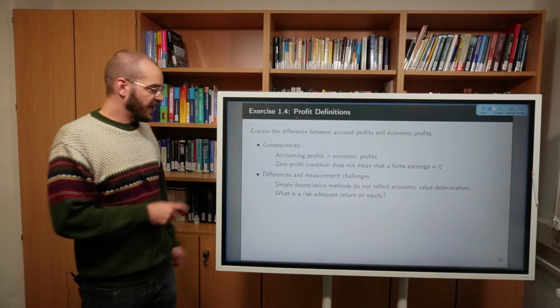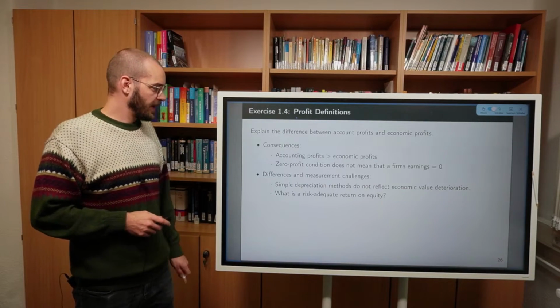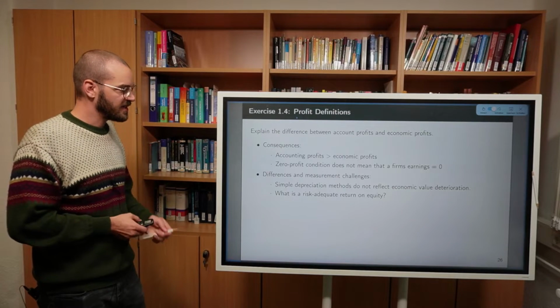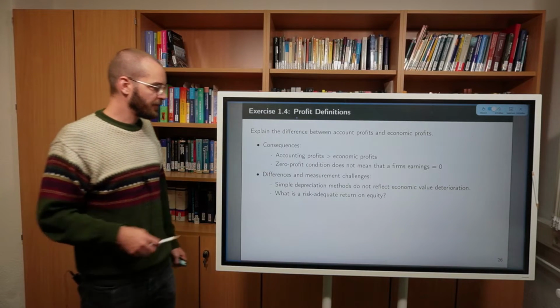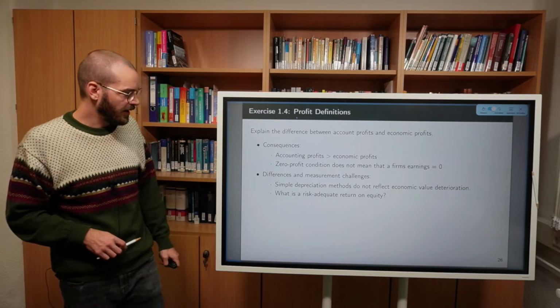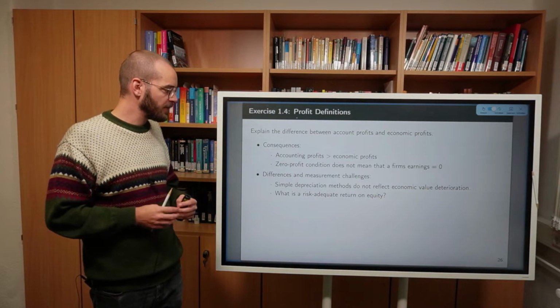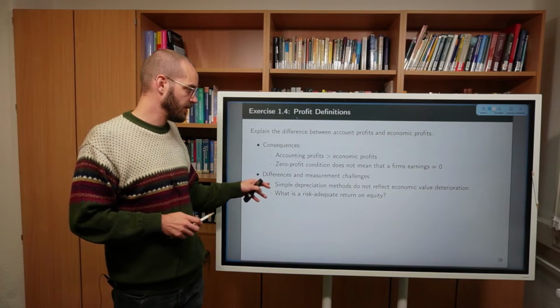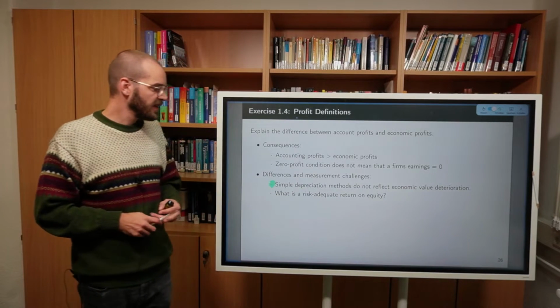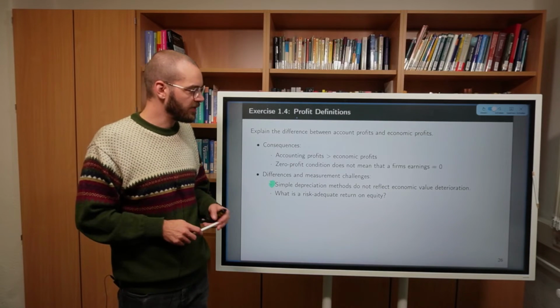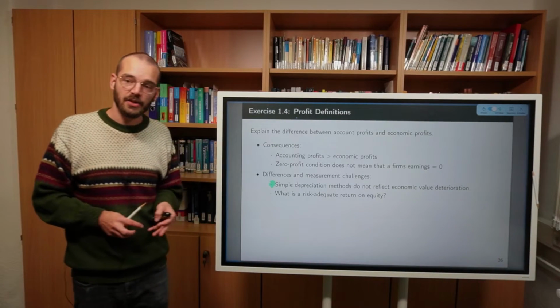Now, there are some measurement challenges, as I already hinted earlier. The first challenge is that simple depreciation methods do not reflect economic value deterioration.